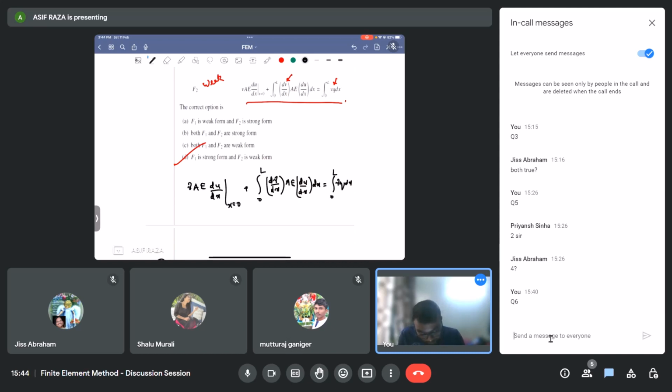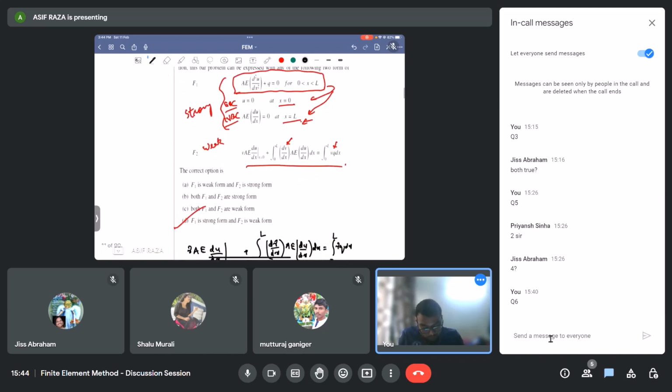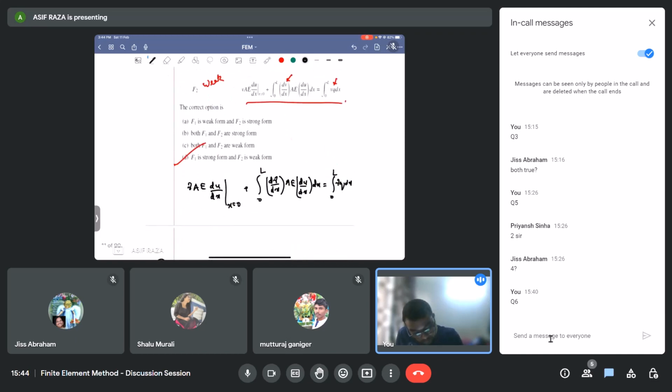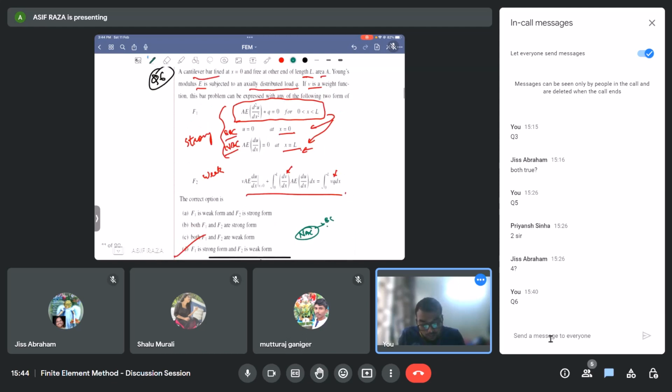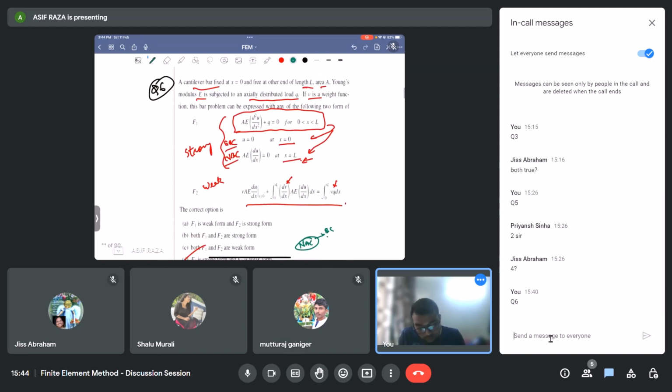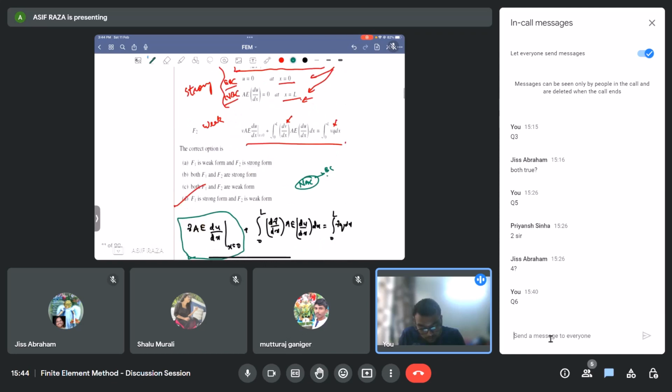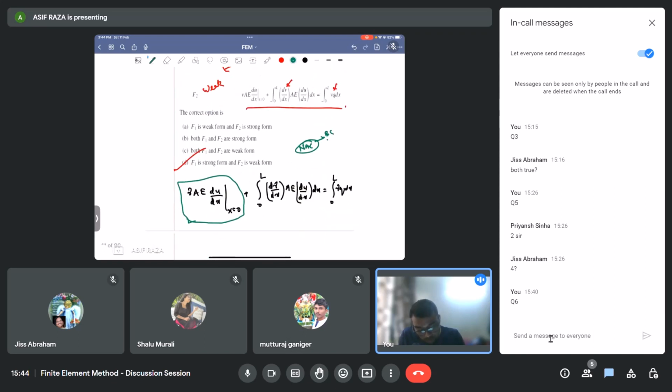Okay, so if you see this part, Neumann boundary conditions appear in the boundary condition as derivatives themselves. If the field variable involved in this equilibrium equation is u, then the derivative of u in the boundary condition is my Neumann boundary condition.